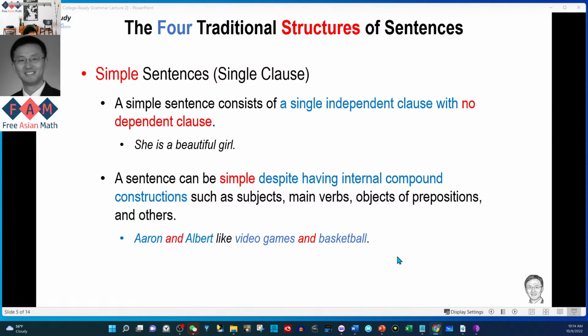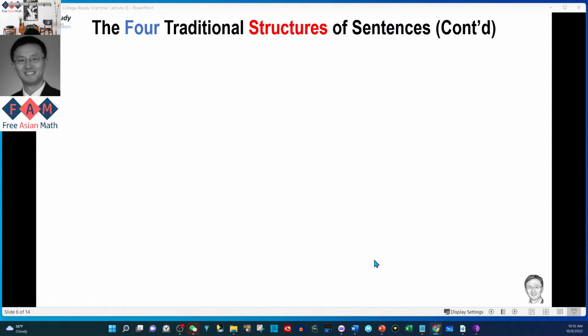One subject, an action verb, and the action verb has its object. That's it. The three parts. Despite the fact that we have many words in this sentence, relatively speaking, it looks like we have two subjects and two objects, but logically one subject, one object. So this is absolutely a simple sentence.